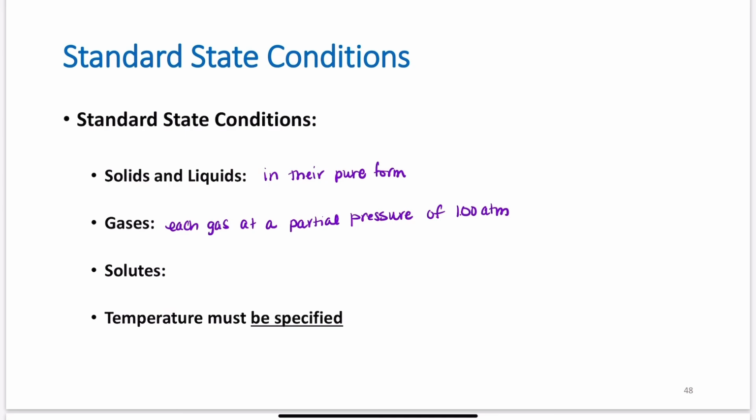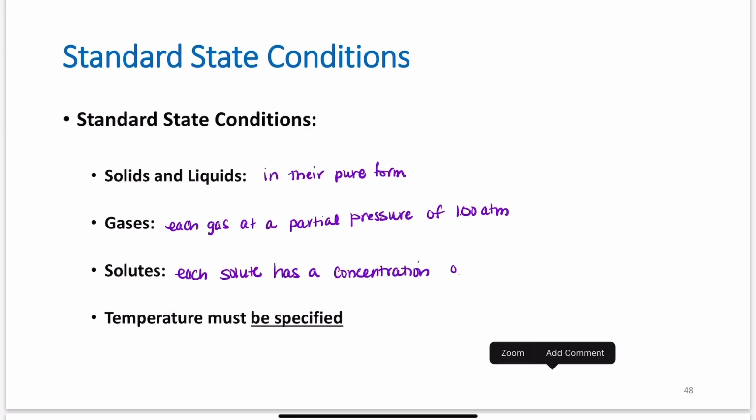If you have something dissolved, a solution, each solute, remember the solute is what is dissolved in the solvent, has a concentration of 1 molar, or 1.00 moles per liter is the other way to write that.